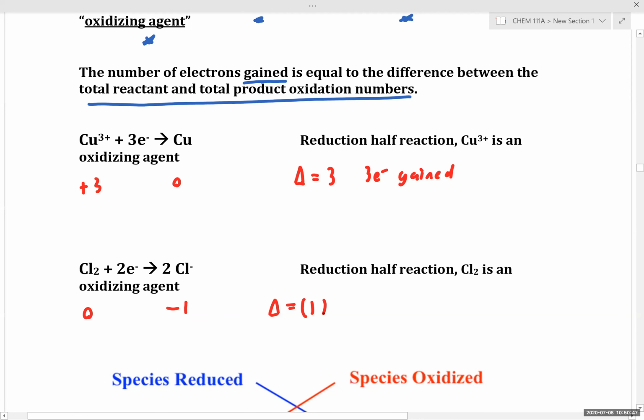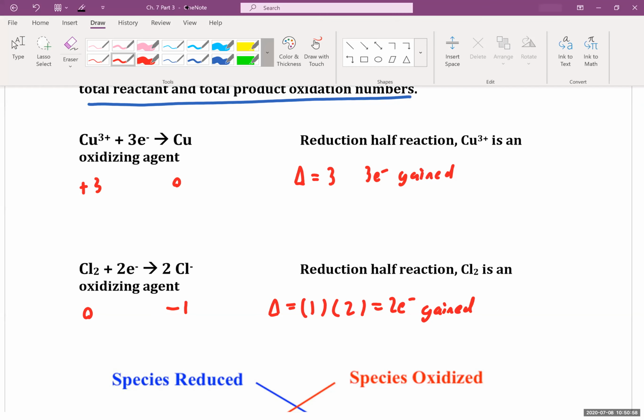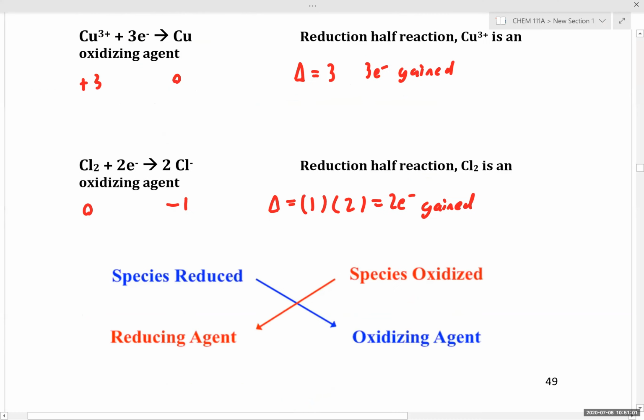So our difference is 1 times 2, which gives us 2 electrons gained. So just as a summary to help you organize your ideas, the species that is reduced is known as the oxidizing agent. So the species gaining electrons is taking electrons. The species that is oxidized is known as the reducing agent. The species that is losing electrons is donating electrons.